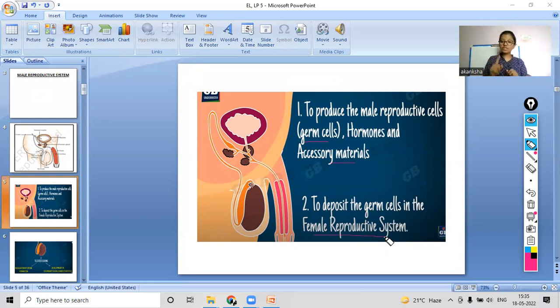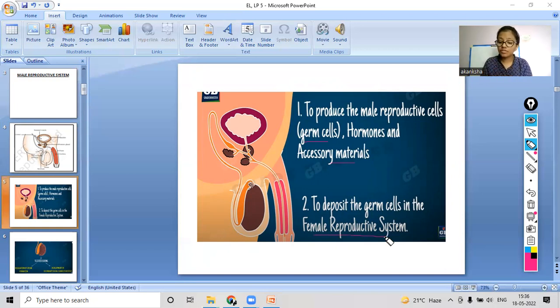The first function is that it produces the male reproductive cells. What is the male reproductive cell? It is the sperm cell, which we can also call germ cells. The other things this system produces are hormones and some accessory materials. We will read further about these.